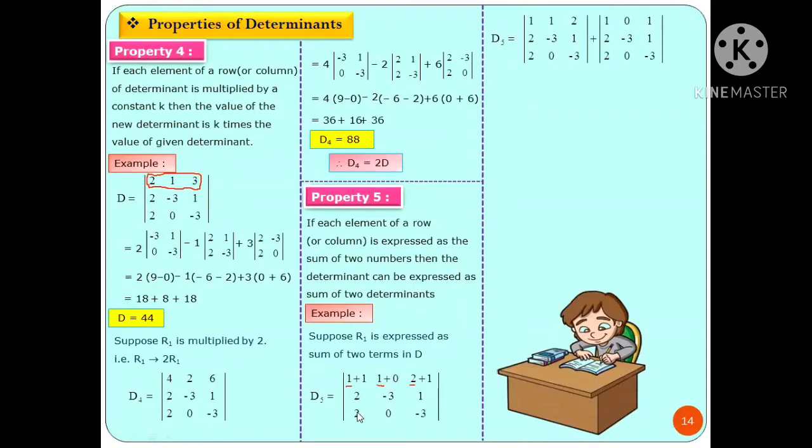Second row and third row remain the same as they are. There is no change. First determinant we solve along the first row, second also we solve along the first row. Signs are taken alternating plus, minus and plus as per the position.